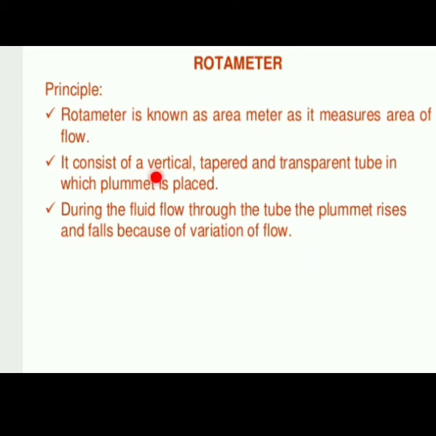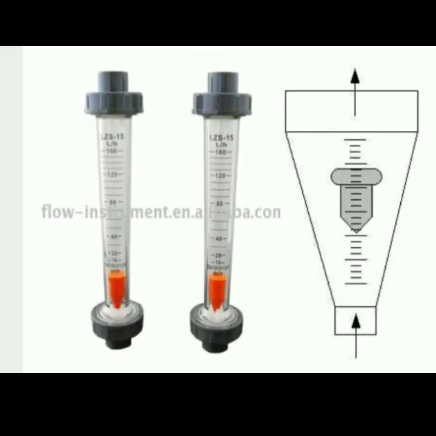It consists of a vertical tapered and transparent tube in which a plummet is placed. During the fluid flow through the tube, the plummet rises and falls because of variation of flow. Here this is the rotameter. It looks like this.